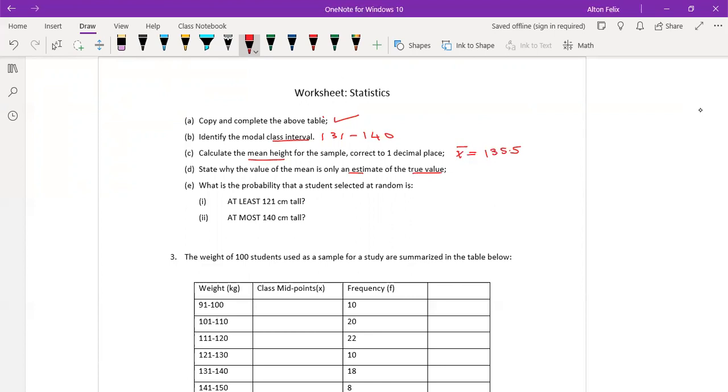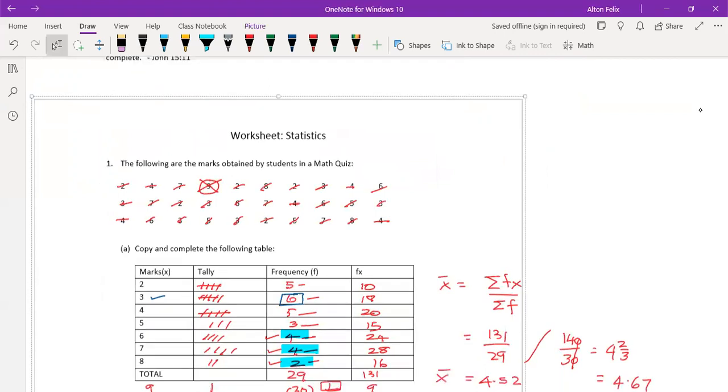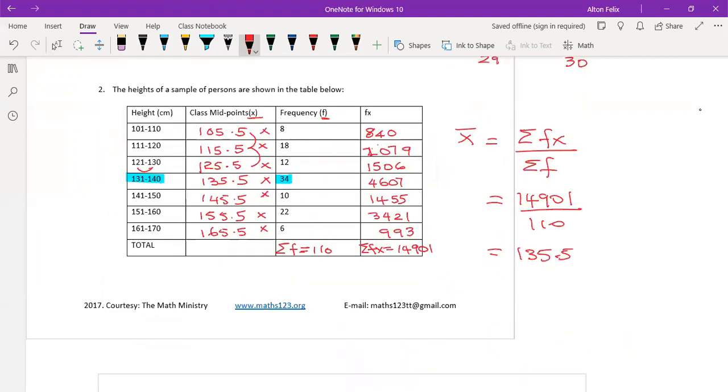Okay, so what's the probability that a student selected at random is at least 121 centimeters tall? So we know at least means 121 and more. So let's look at the table there. In that question, 121 and more will be from this range of values from here to here.